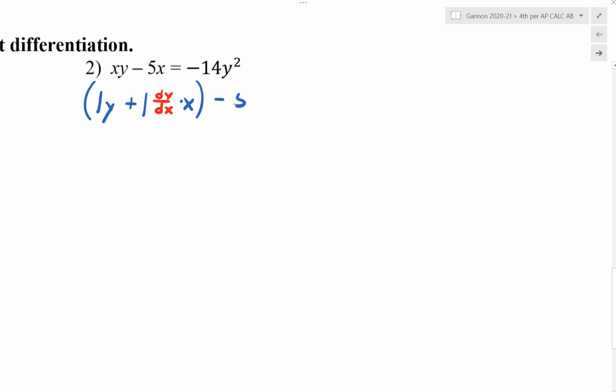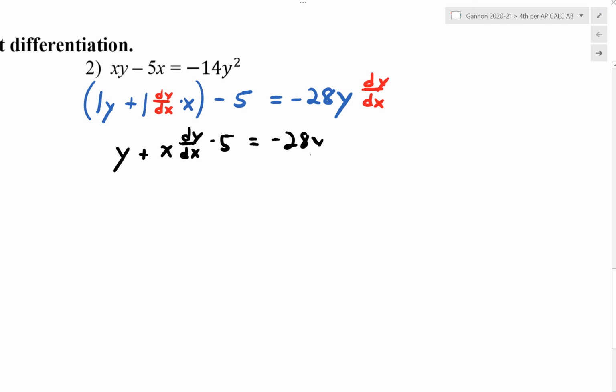And then minus 5, because the derivative of x is 1, equals, and on this side we apply the power rule. We've got negative 14 times 2, which is negative 28y, but we have to include dy dx. If we rewrite this a little bit to make it simpler, we have y plus x dy dx minus 5 equals negative 28y dy dx.